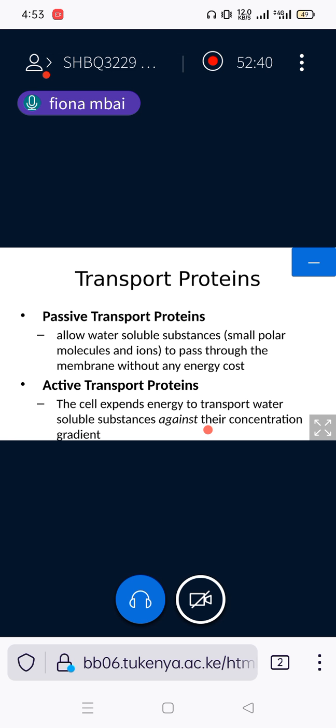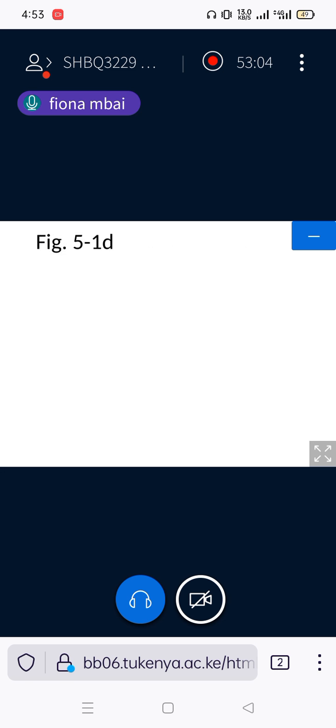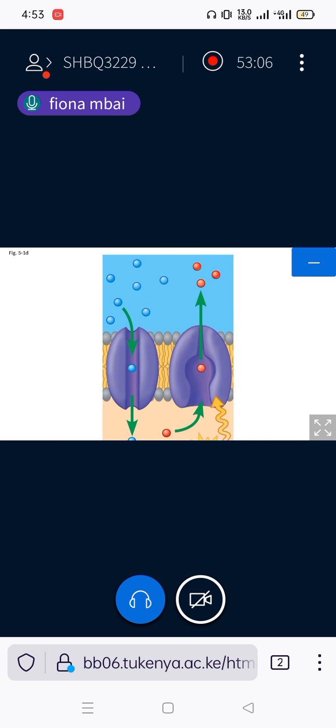And you know diffusion occurs in the opposite direction, from high to low, so that doesn't cost energy. But in order to move a substance from a low concentration to a high concentration, you're going against the passive transport rules of thermodynamics, which will cost you energy. And this energy in cells, as you very well know by now, is in the form of ATP.